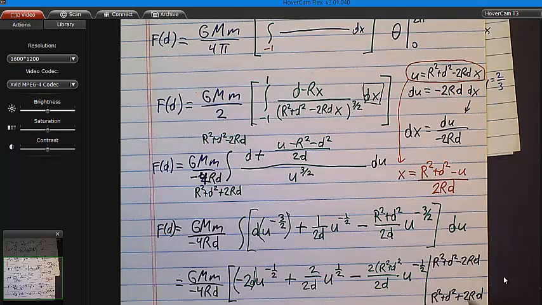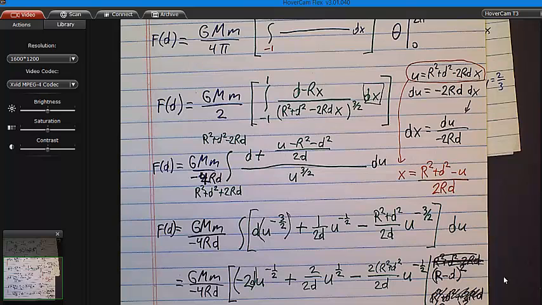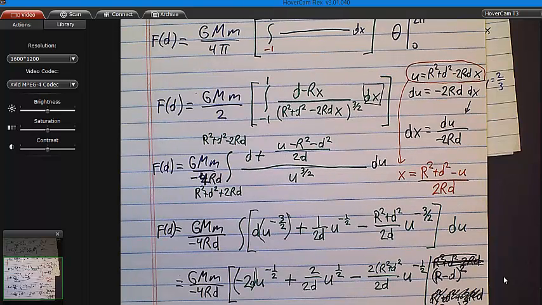Let's factor that top one, because if you write the minus 2RD in the middle, a better way to write this is R minus D quantity squared. And a better way to write the bottom one would be R plus D quantity squared. That's better, especially because we have lots of square roots. This is really a nice problem.